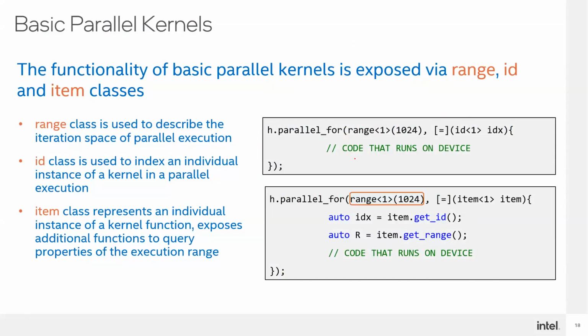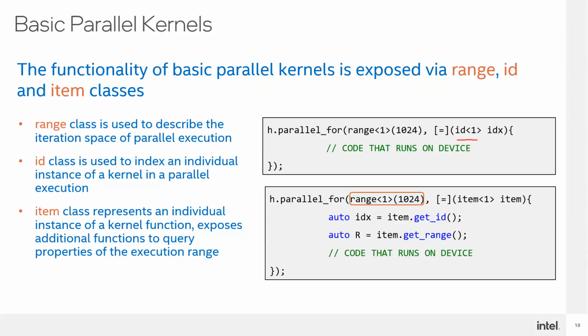But the idea is to identify the item, the individual instance of a kernel in parallel execution. You can use id as was shown earlier and here, but you can also use the item class, which also represents the index, but provides you a lot of additional information.